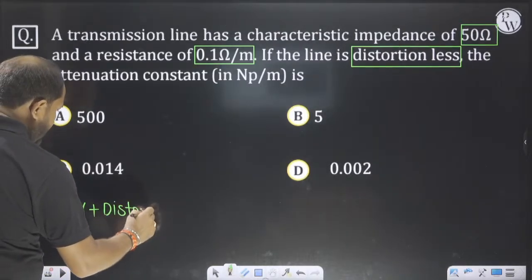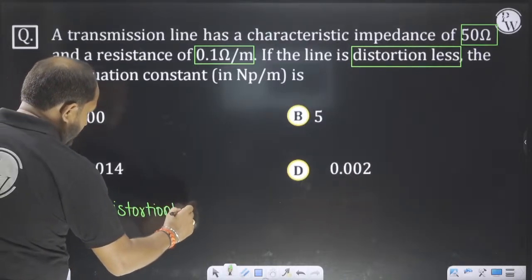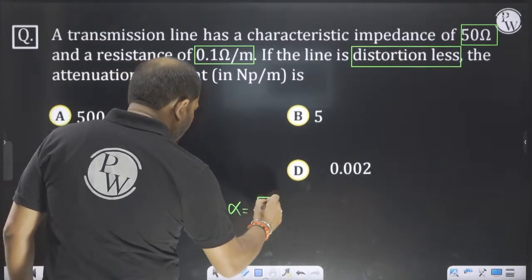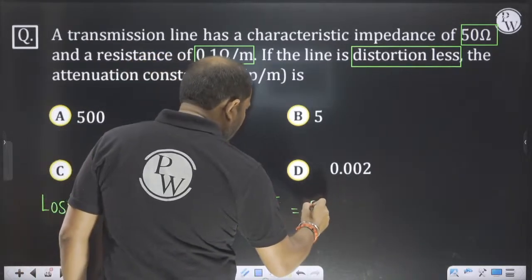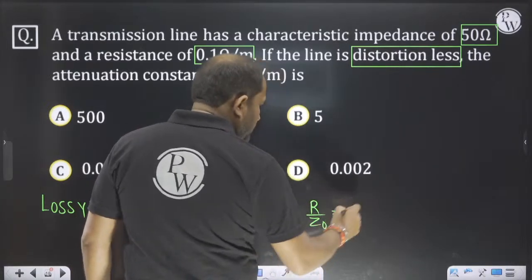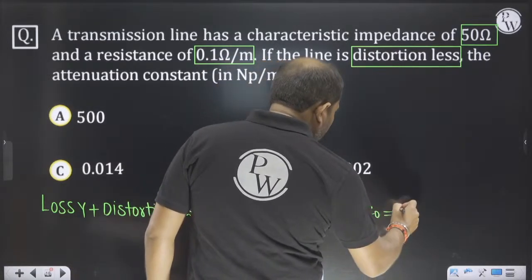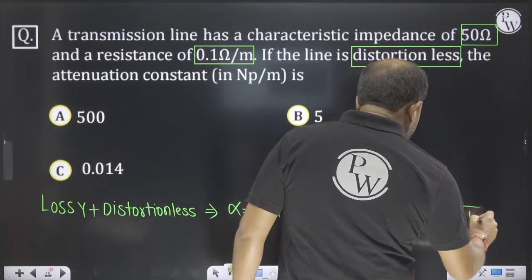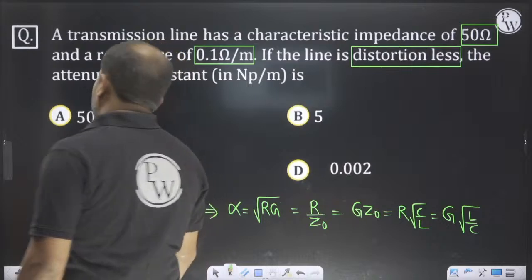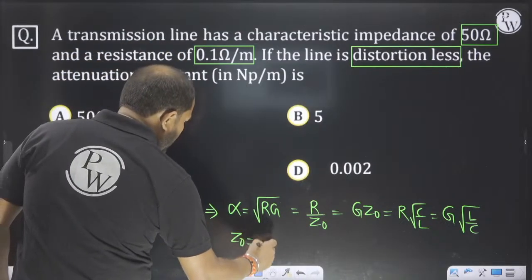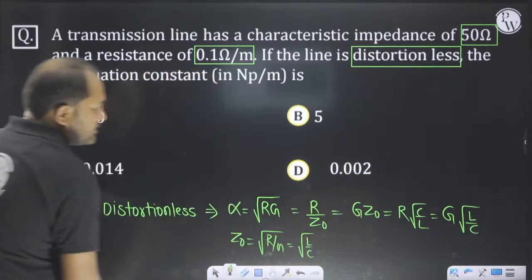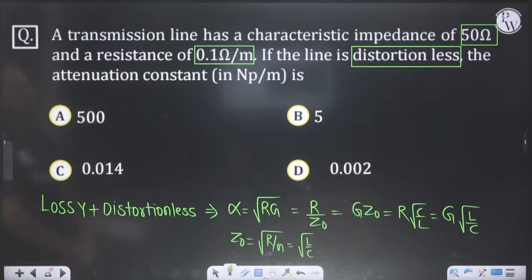In case of lossy and distortionless, alpha is equal to under root RG, alpha is equal to R by Z0, alpha is equal to G into Z0, and Z0 is equal to root of R by G and root of L by C. They are asking the value of alpha.